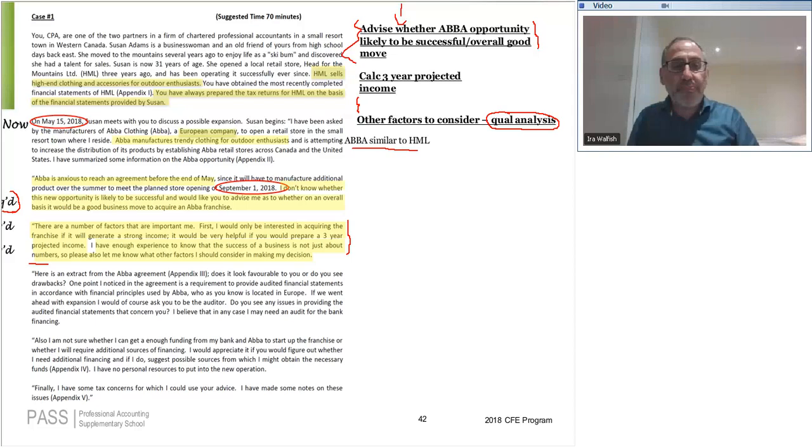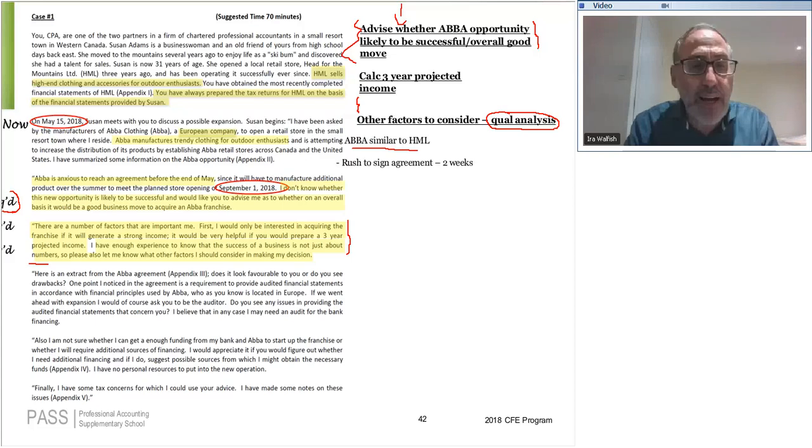Let's continue. A second point that I put down on my outline, now that I know that I'm giving business advice, qualitative business advice, is the fact that there seems to be a rush to sign the agreement. Initially, I noticed that she has to sign it by the end of May, and it's already May 15th. So that's only 2 weeks, guys.